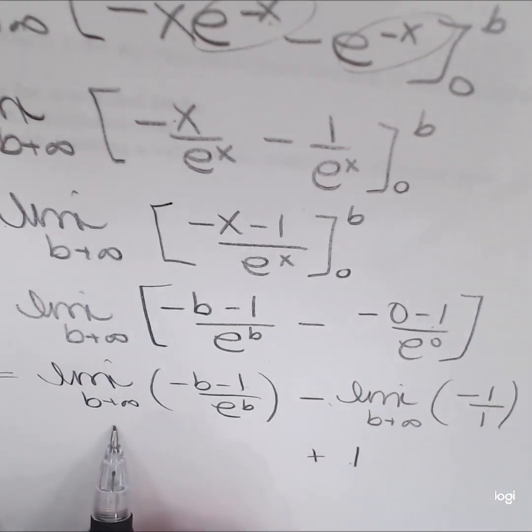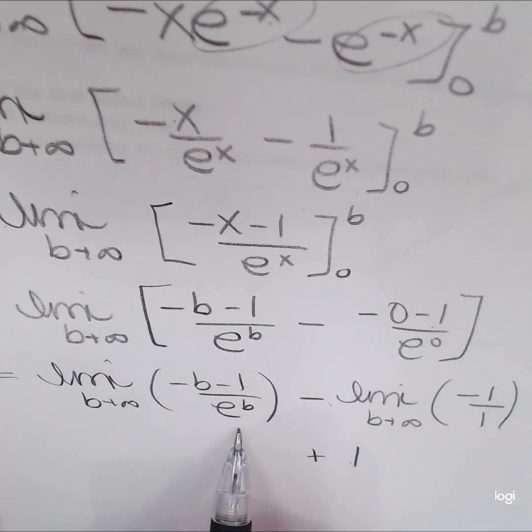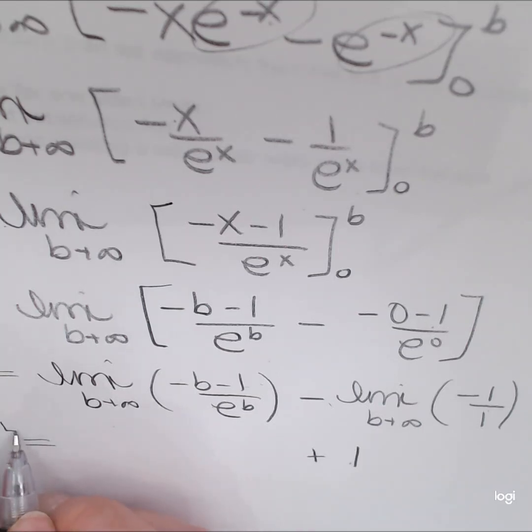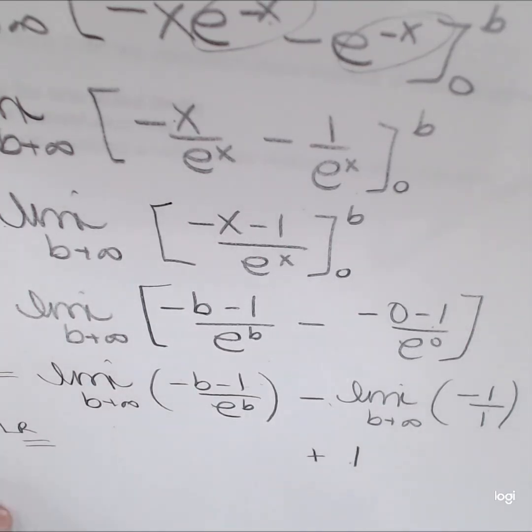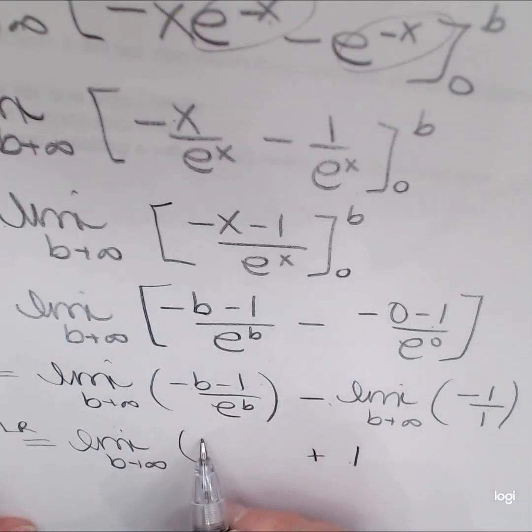But let's look at this first limit. When I plug in infinity, I'm going to get infinity over infinity. And so what do we do when we get infinity over infinity? Well, one thing we can do is use L'Hopital's rule. And then this becomes the limit as b approaches infinity of the derivative of the top with respect to b, which is going to give me a negative 1, over the derivative of e to the b with respect to b, which is e to the b.